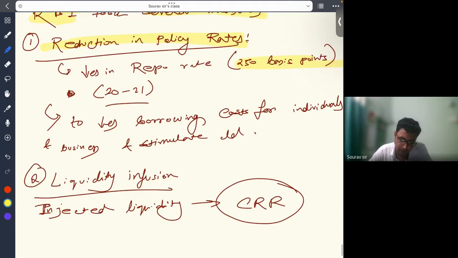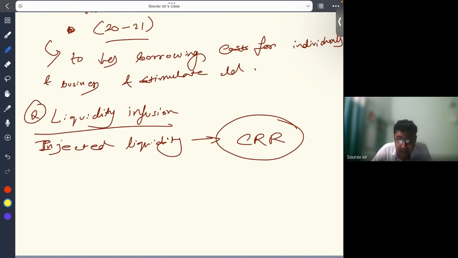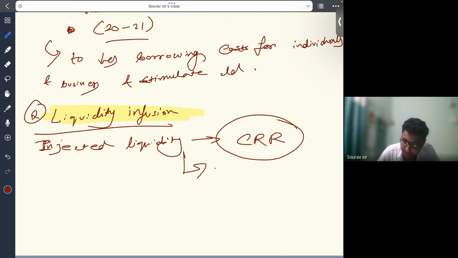The second step taken by the Reserve Bank of India was liquidity infusion. What is liquidity infusion? The Reserve Bank of India injected liquidity into the financial system through various measures, including a reduction in the cash reserve ratio and targeted long-term repo operations, that is TLTROs.